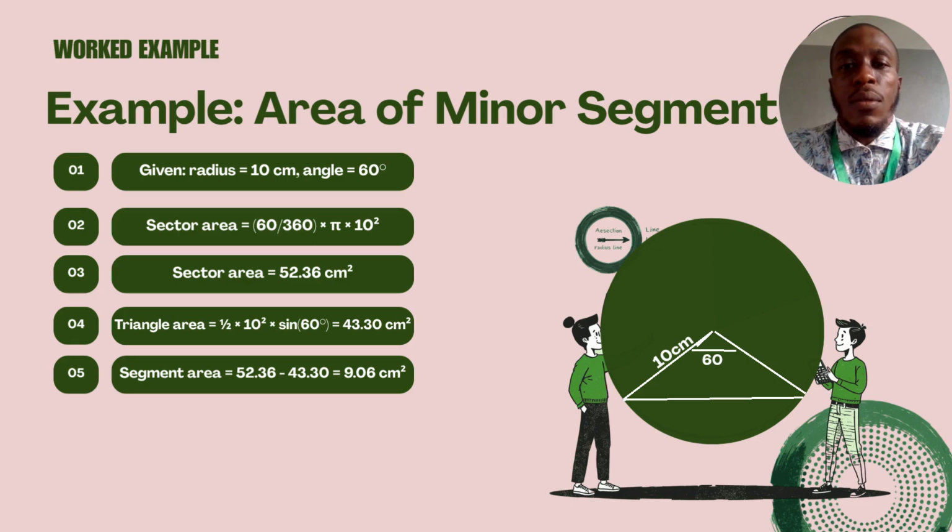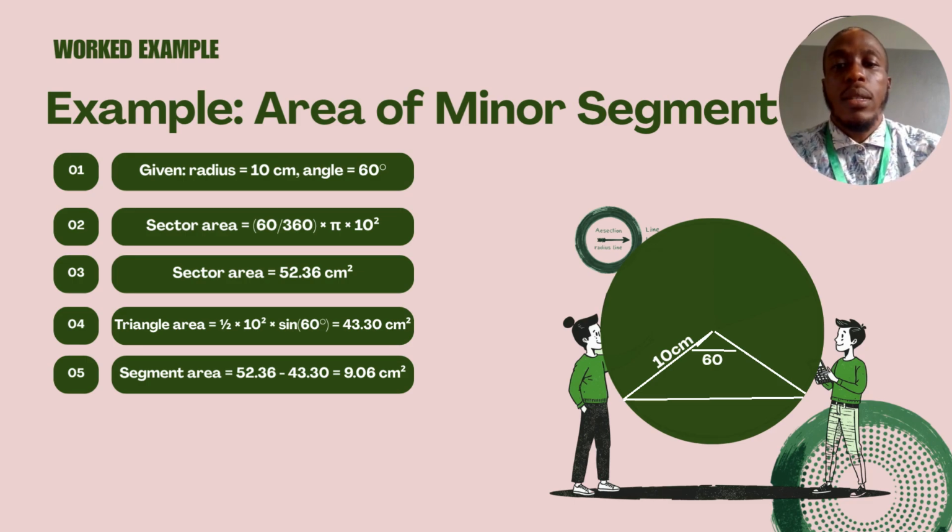The area of the sector is theta divided by 360 times pi times r squared, that is, the angle divided by 360 times pi times the radius multiplied by itself. So that gives you 60 divided by 360 times pi times 10 times 10. The sector area, if done well, is equal to 52.36 centimeters squared.